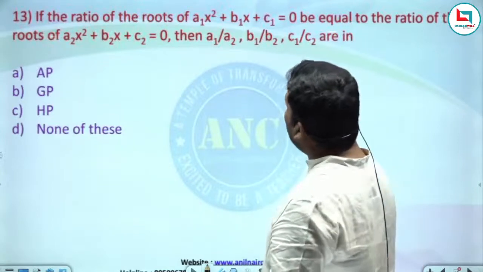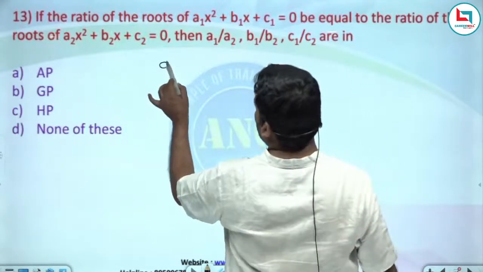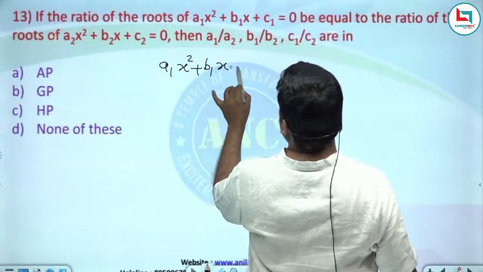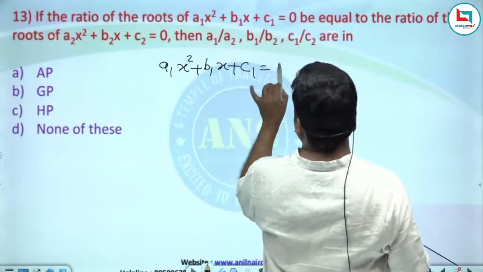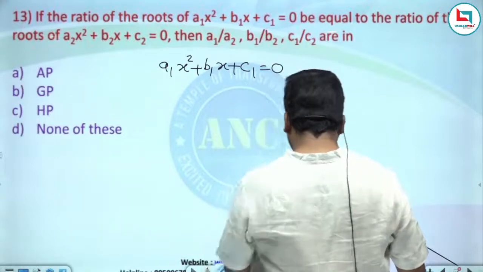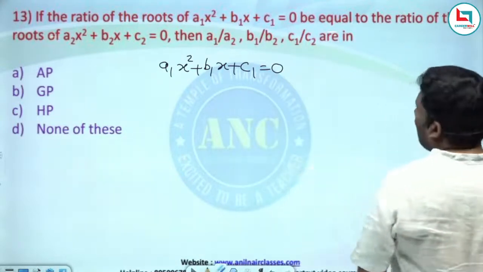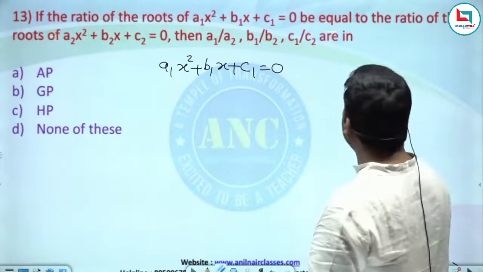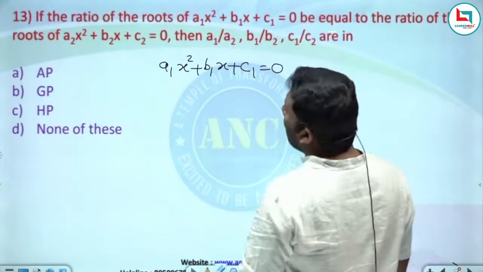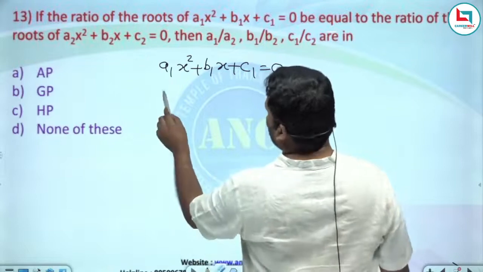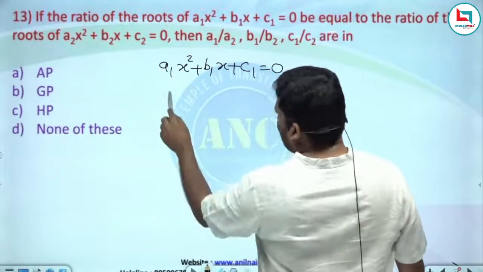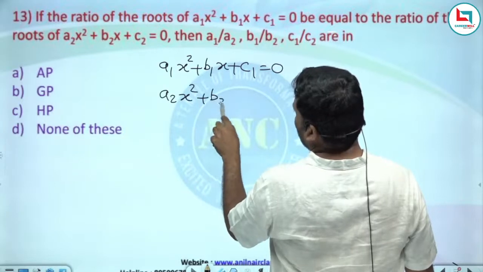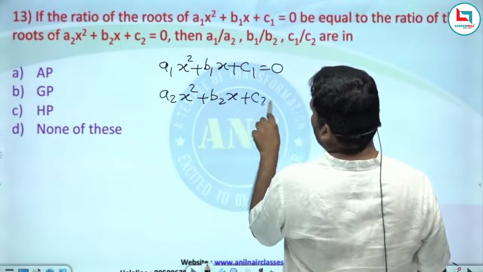If the ratio of the roots of the equation a1x square plus b1x plus c1 equivalent to 0 is equivalent to the ratio of the roots of the equation a2x square plus b2x plus c2 equivalent to 0.